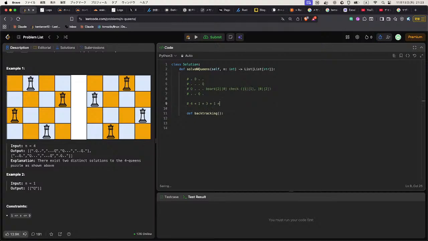And for the third row, we have 2 options, and we have to check. And 1 and 3. So it is like this, I think.